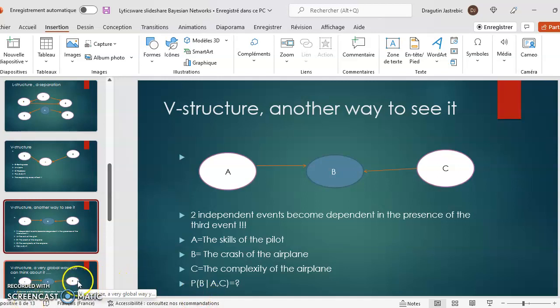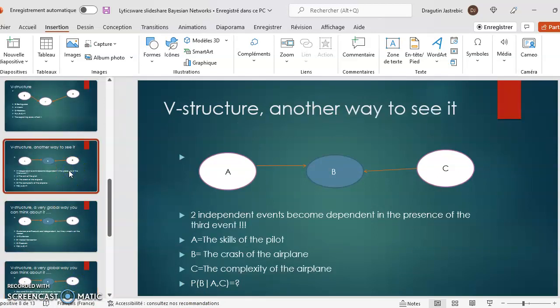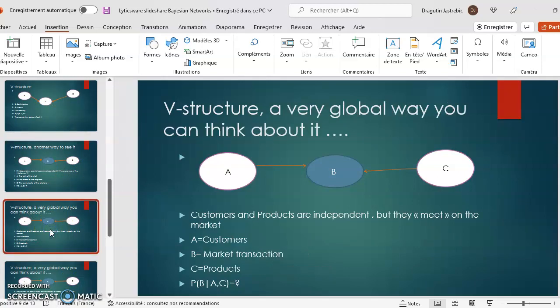It is even more global than that. Maybe this example from Wikipedia is not clear enough, but just think about the V structure as something really global. For example, you have customers and you have products. They are independent.